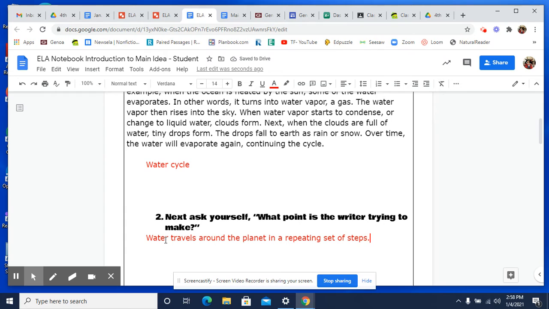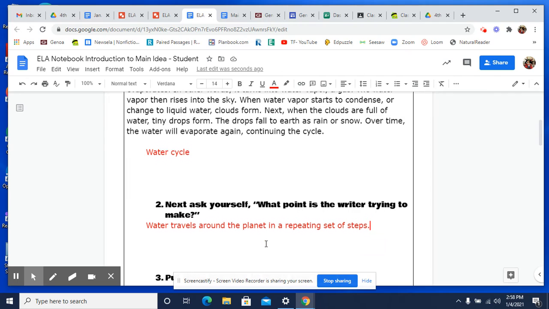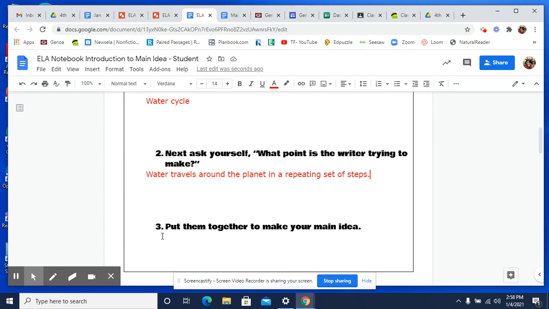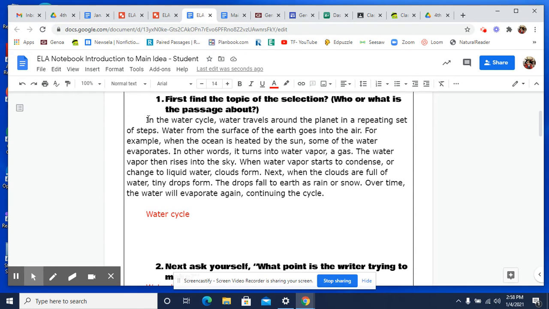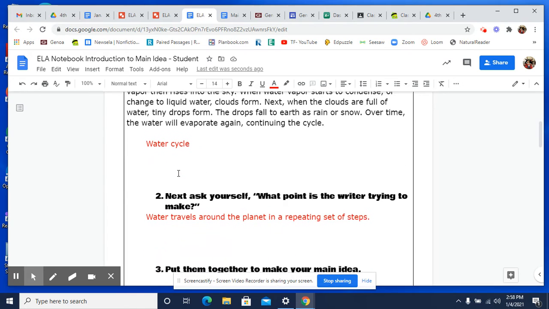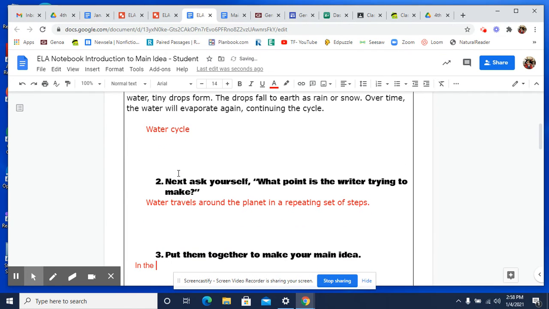That's the main point. So we have our topic, which is water cycle. We have our main point. For your main idea, all you need to do is put those together. And if we're going to put them together, they already did that in your very first sentence. So we can just write what they did. In the water cycle, okay, you have to make sure that you include water cycle in your main idea because the topic has to be included in your main idea.